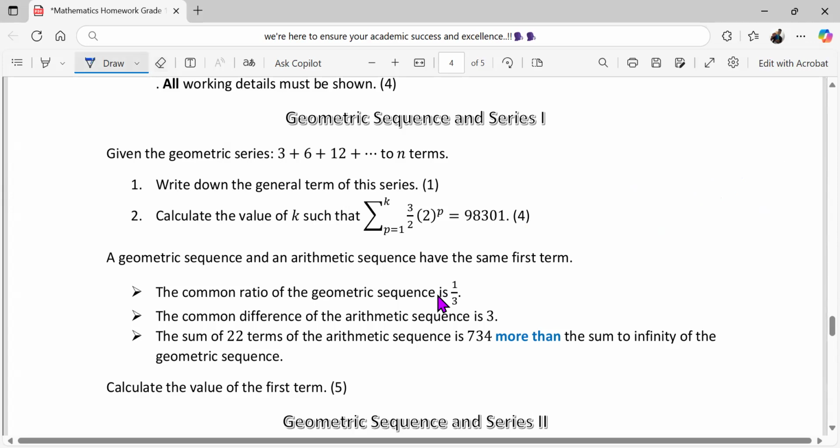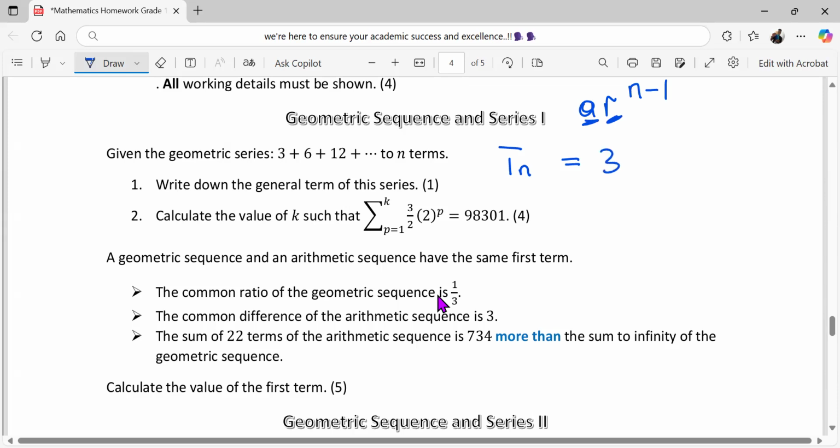Okay, well, the first question says we need to write down the general term, so we don't really need to calculate it now. And writing down the general term of a geometric series is actually the easiest thing in business because you know that it's a times r to the n minus 1. You just need to be worried about finding a as well as your r.